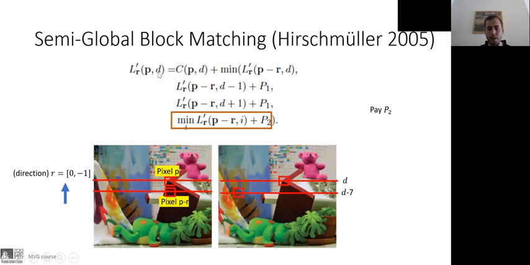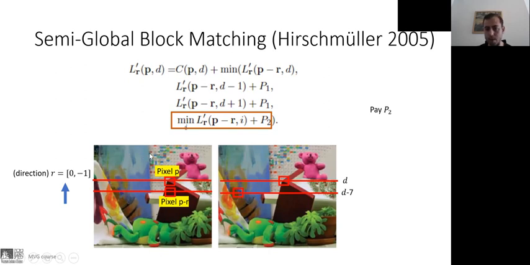For each pixel and disparity, I need to run K steps because I need to check K options. But basically, I need to fill n pixels with K disparities. So the complexity is n times K times K. Okay, so it's n K squared complexity.